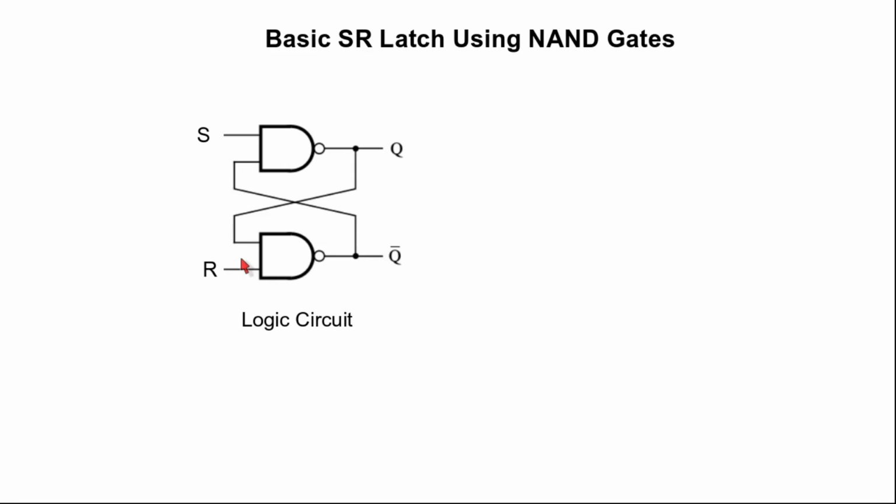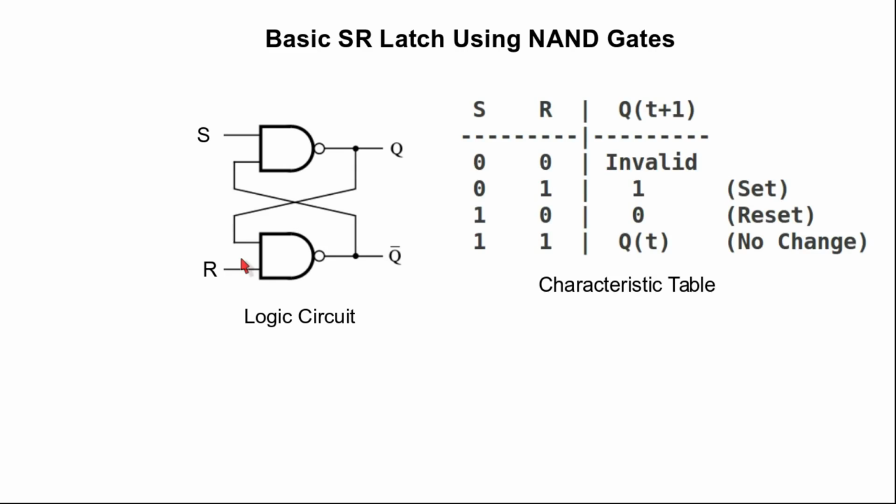So we have interchanged the position of the two inputs. And now if you work out like we did in the previous class, you would see that this would be the characteristic table for this logic circuit. And this characteristic table is just the inverse of the characteristic table for the basic SR latch using NOR gate.